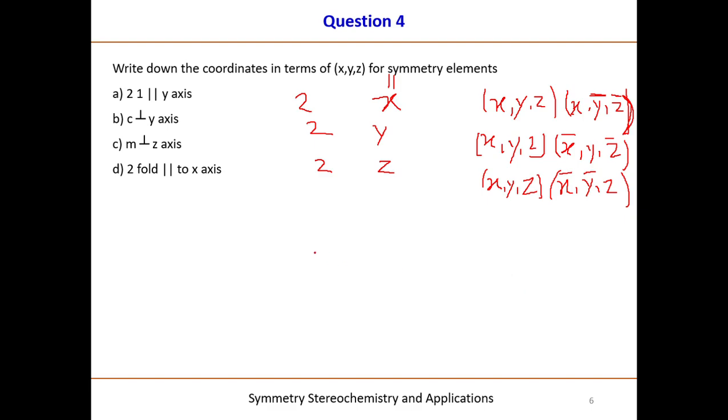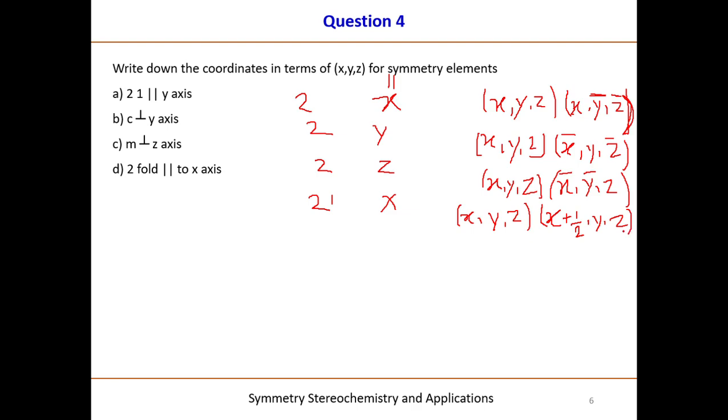In a similar manner, if we have a 2 sub 1 axis parallel to the x-axis, what will we write? Because we have 2 sub 1, in terms of x, y, z, because it's parallel to the x-axis, it will become x plus half, y bar and z bar.